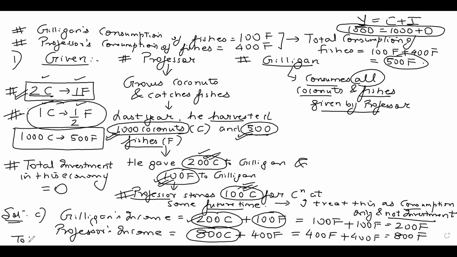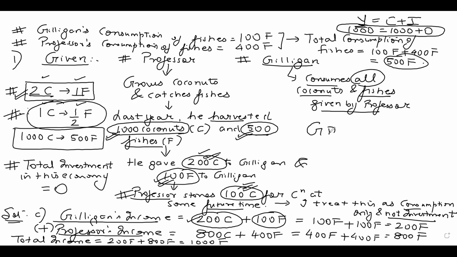What is the total income of the economy? Total income is Gilligan's income plus the professor's income, which is 200 fishes plus 800 fishes, equal to 1,000 fishes. So my answer for all the three methods is coming out to be the same. So what do we learn?